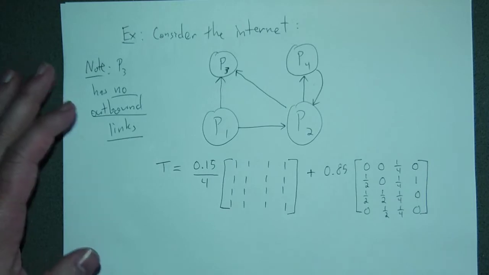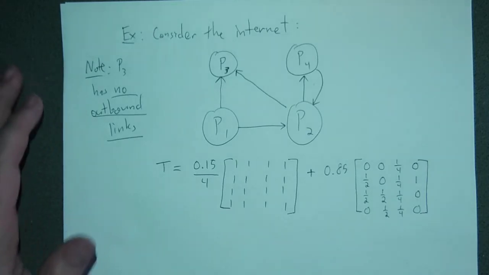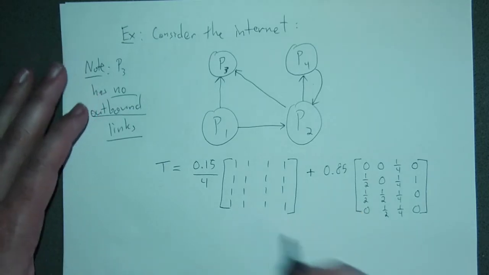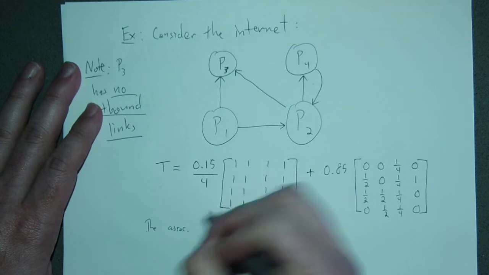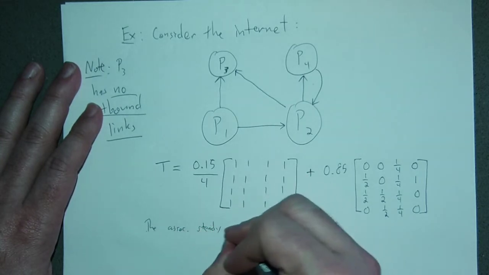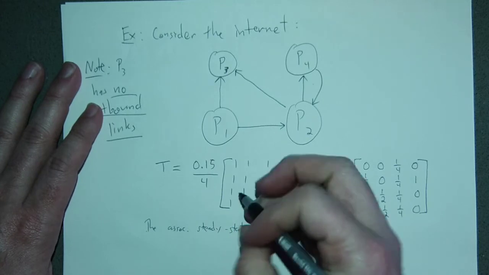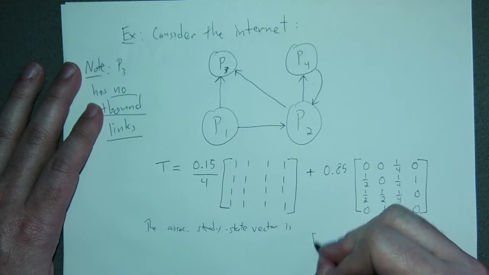So then the corresponding matrix, I don't think I actually have it out, but the associated steady state vector is the following.